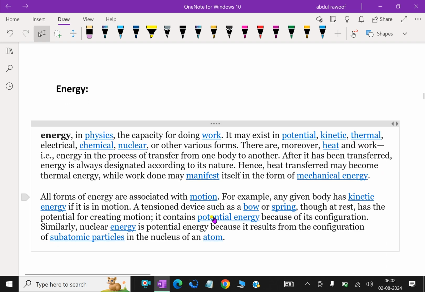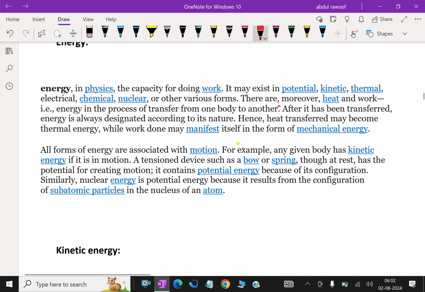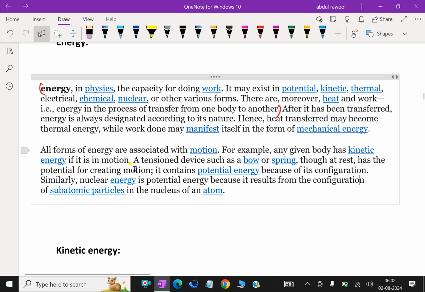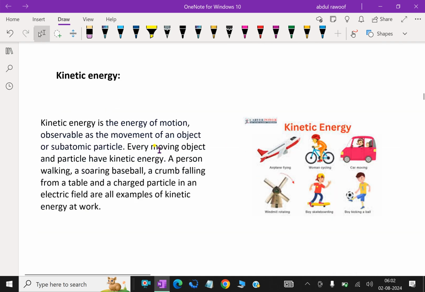Next is energy. Energy in physics is the capacity for doing work. It may exist as potential, kinetic, thermal, electrical, chemical, nuclear, or other forms. There are moreover heat and work, which are energy in the process of transfer from one body to another. These are the energy definitions. Now, energy can be classified as kinetic energy.